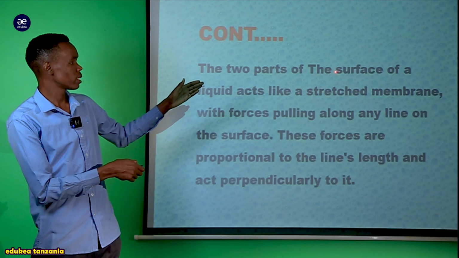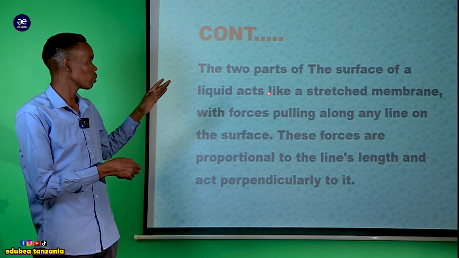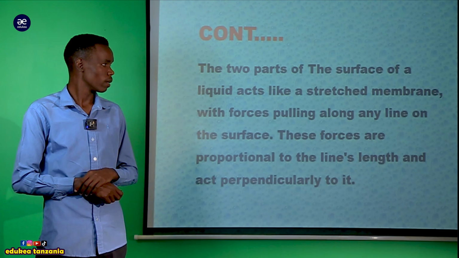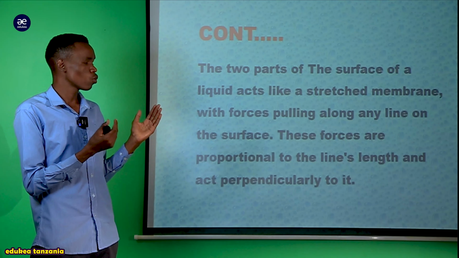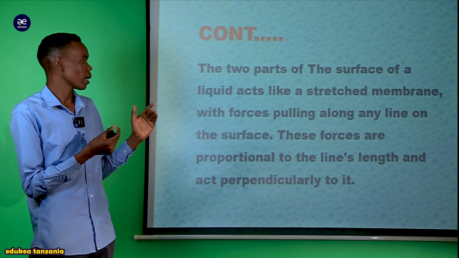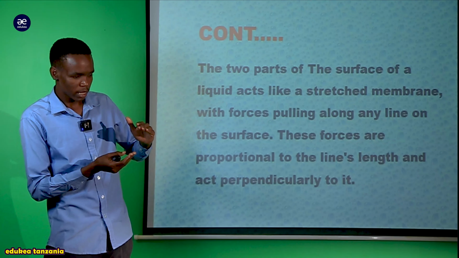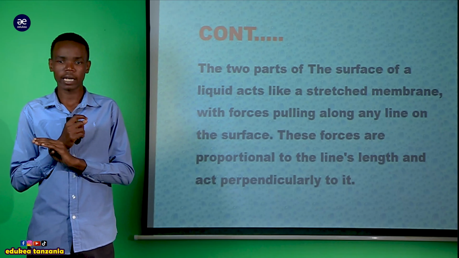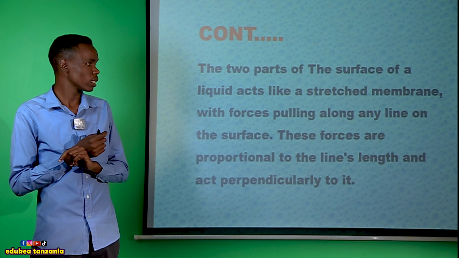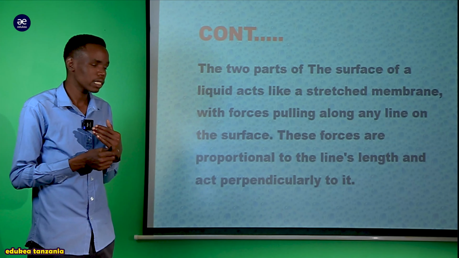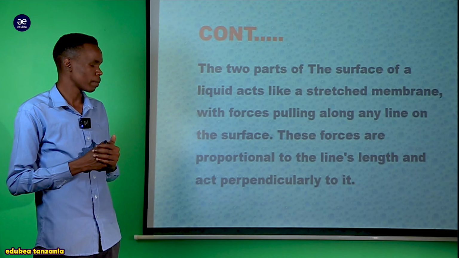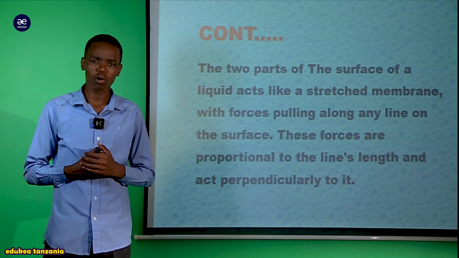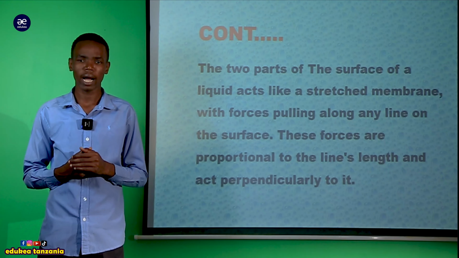Now the two parts of the surface of a liquid act like a stretched membrane. The upward part and the downward part, my dear student, could act like a stretched membrane. Why do we say that they could act as a stretched membrane?